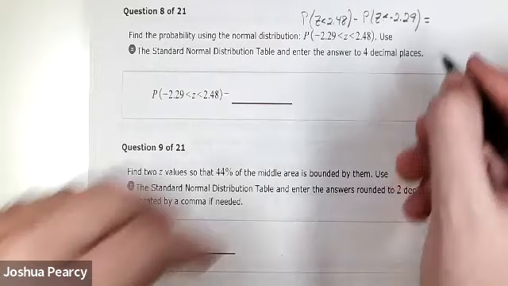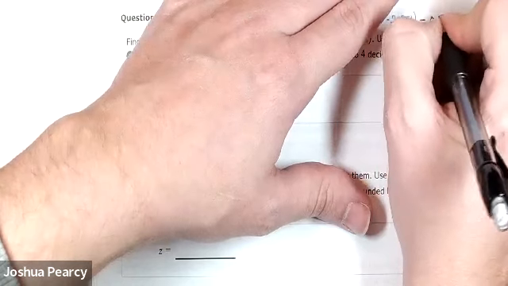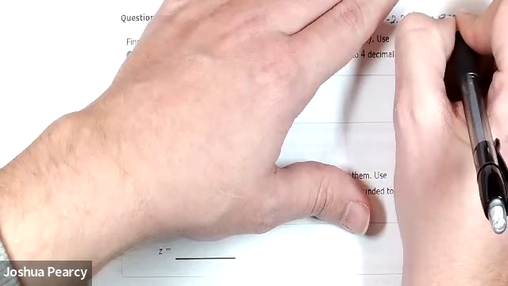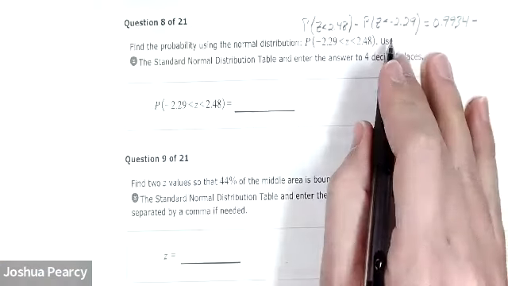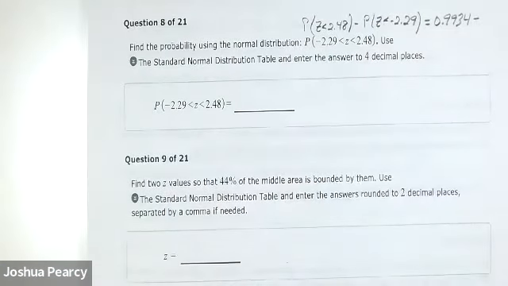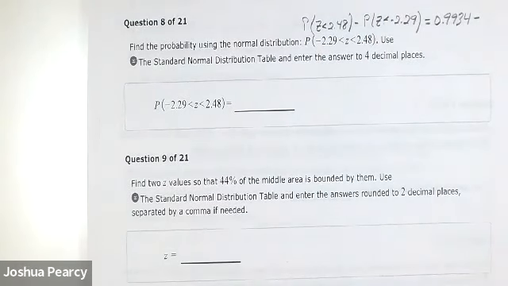0.9934. Then if you look up negative 2.29, you will get 0.0110.